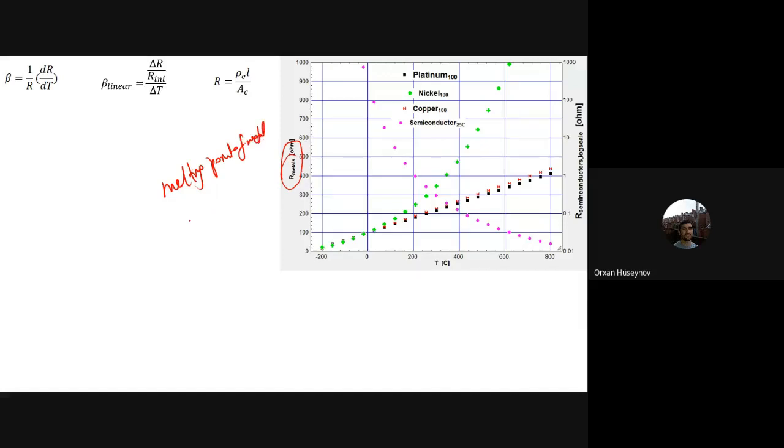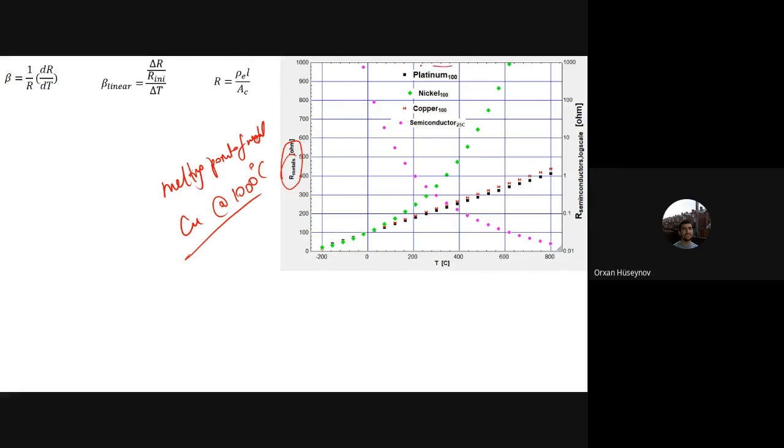For example, copper melts at around 1000 degrees Celsius. So it means that you cannot use copper in a resistance thermometer at that temperature. Therefore, you should be careful about the application temperature of the sensors.